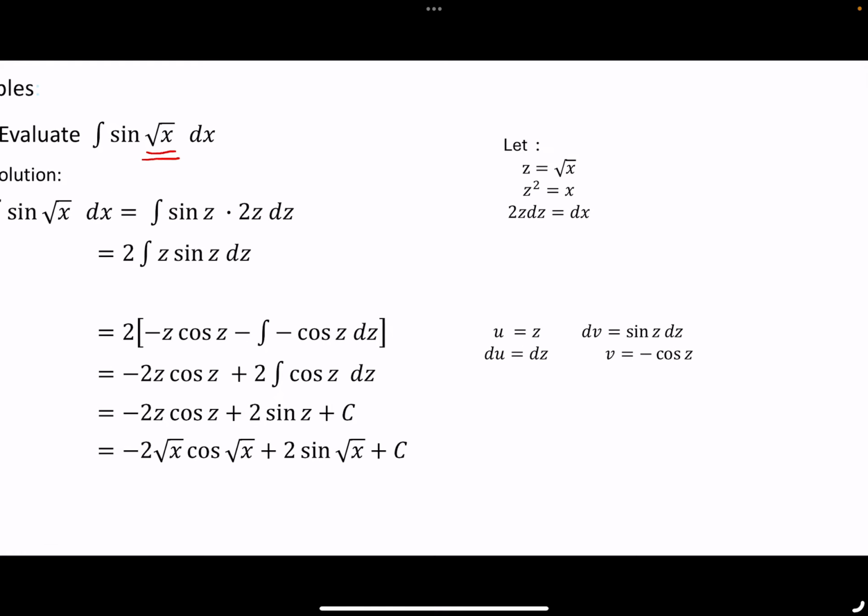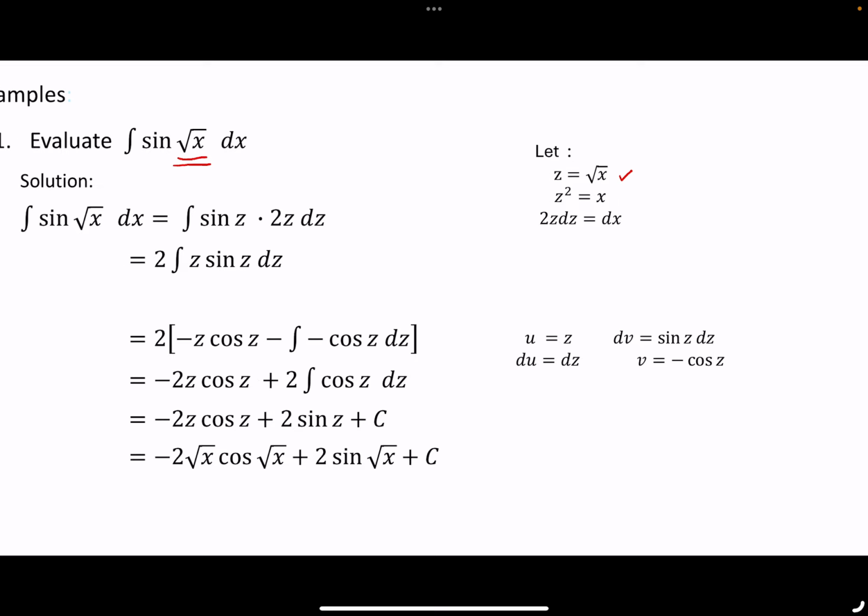So, we let z be equal to square root of x. We're going to solve for x from this expression, so that would be x equal to z squared. And after which, we solve for the differential dx. So dx would be 2z dz.